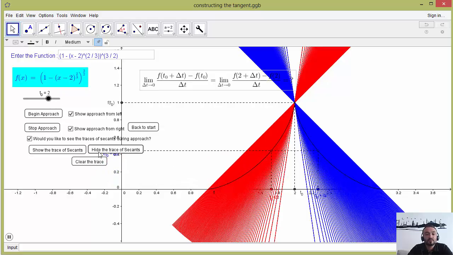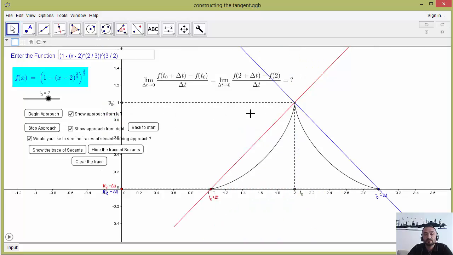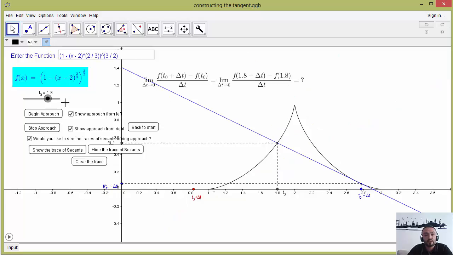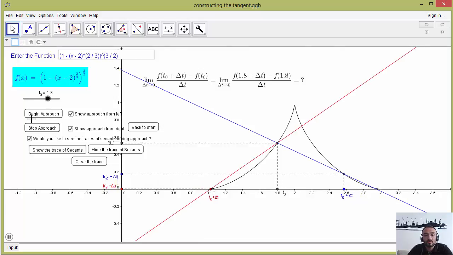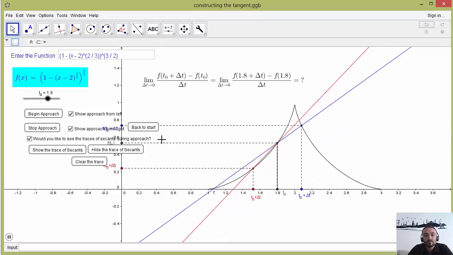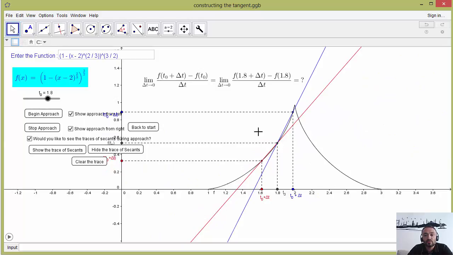Of course, stop, hide trace, clear the trace. Of course, this is just the case for the point 2. You can also observe another point of this function. What is going on at another point? Just focus on the closer neighborhood of 1.8.